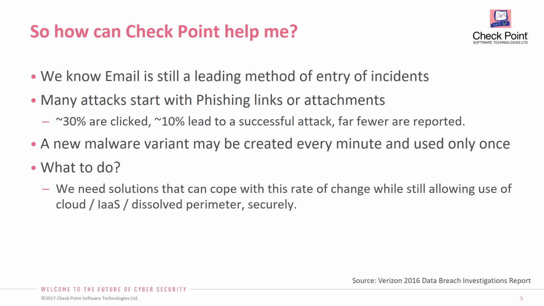Well, our view really is we need some sort of solution that can cope with this rapid rate of change, this rapid evolution of unknown malware, but also allow us to still use cloud, to use infrastructure as a service, or this dissolved perimeter concept where really you don't have a perimeter anymore, but still give you the confidence that you have security there.